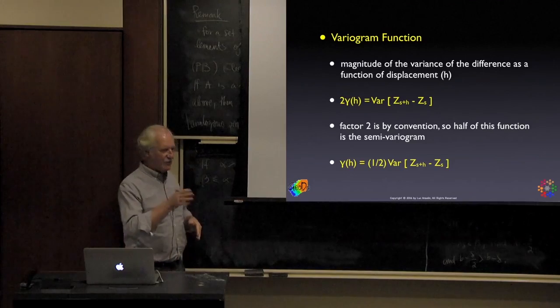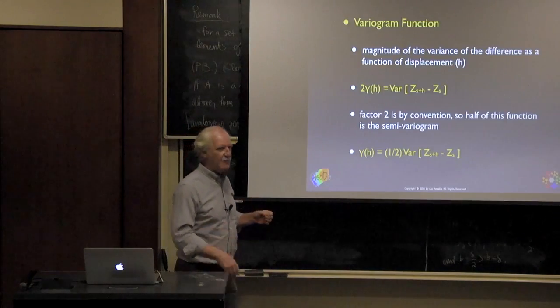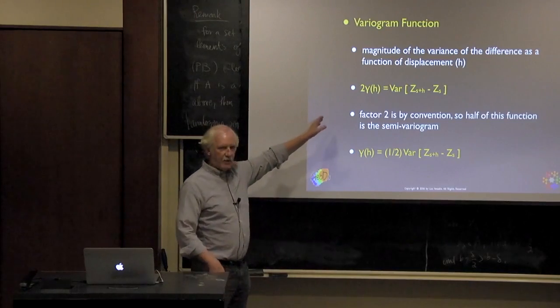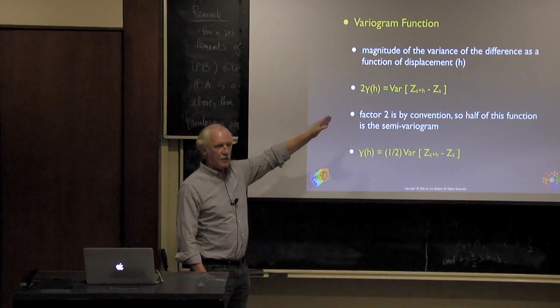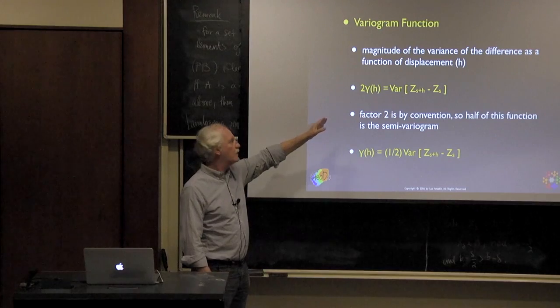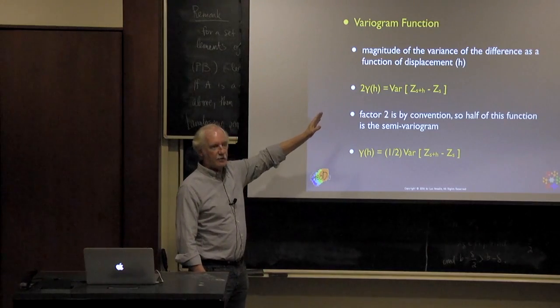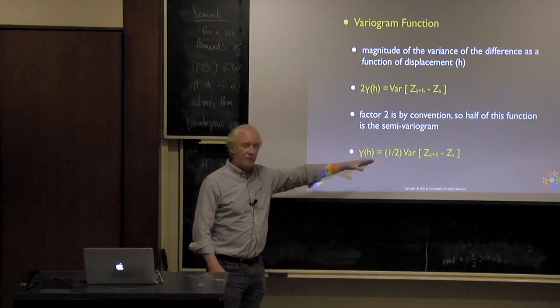And we'll see later in a few slides why that actually makes sense, right? It typically is represented as gamma. It's not gamma h that is the variance of the difference separated by distance h, but it's 2 gamma h. So then the semi-variogram is 1/2 of this.